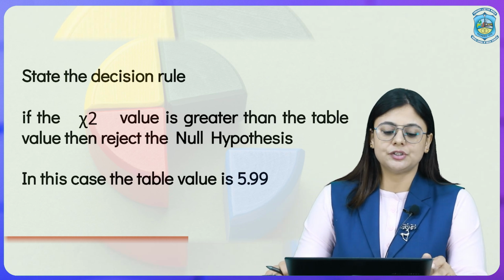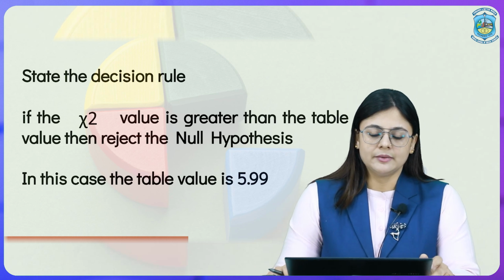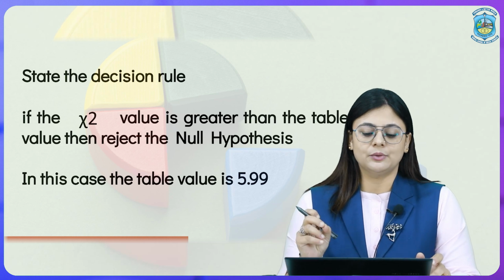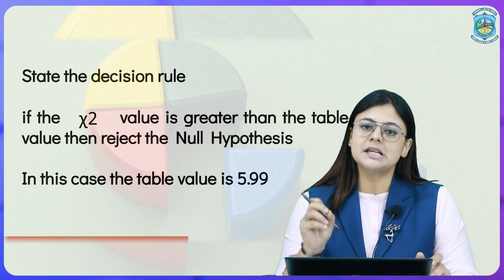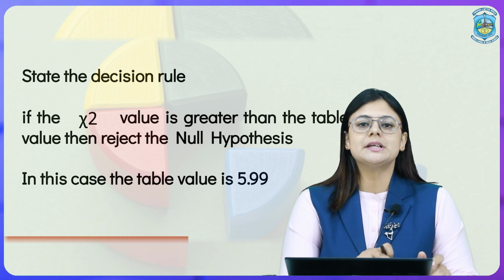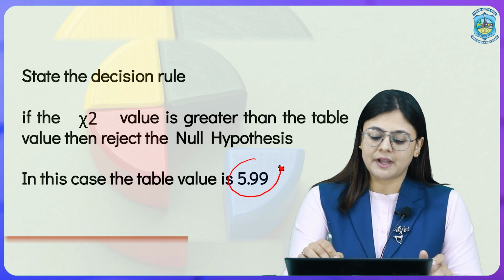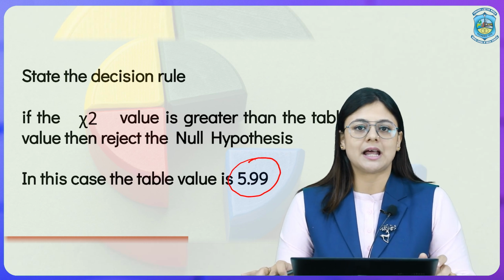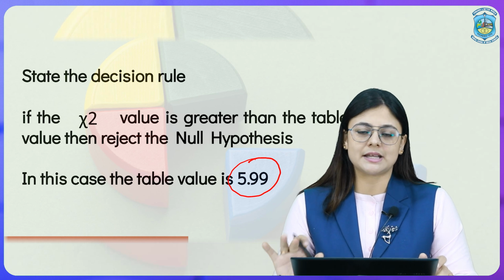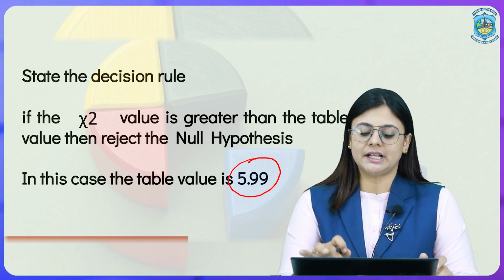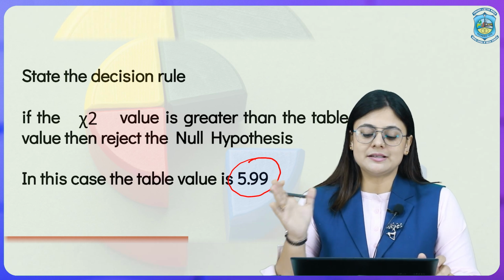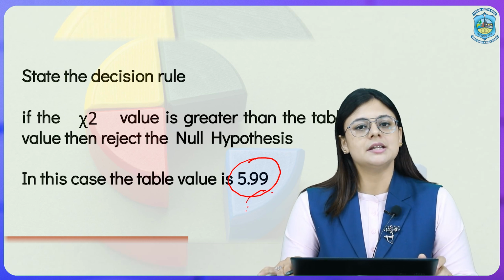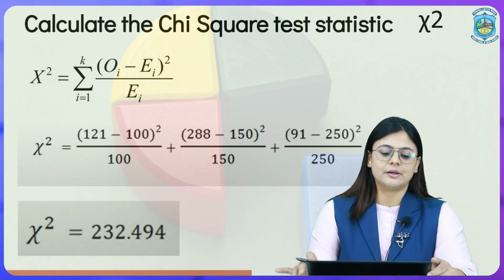Now stating the decision rule, for chi-square, if the chi-square value is greater than the table value, we are in a position to reject the null hypothesis, right. So in this case, the table value is 5.99. So our next step is to calculate the test statistic, that is the chi-square statistic, and compare it with the table value. Now if the chi-square is greater than the value of 5.99, we are in a position to reject the null hypothesis.